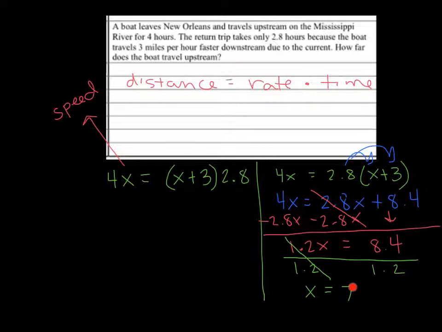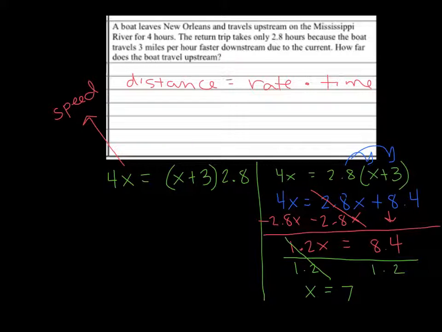So I need to use that to find my distance. So I can plug it in right here, or I can plug it in right here. It shouldn't matter because remember the distance traveled was equal. So if I do 4 times 7, I find out that I should have traveled 28 miles.